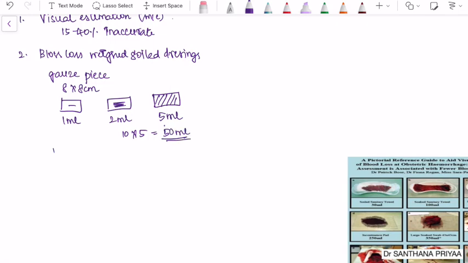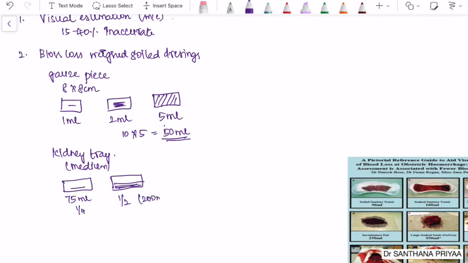The next tool which we use is the kidney tray. Of a medium sized kidney tray, if it is a little bit soaked, we will give 75 ml. If it is half soaked, this is 1/4, 1/3 soaked will give us 200 ml of blood loss.